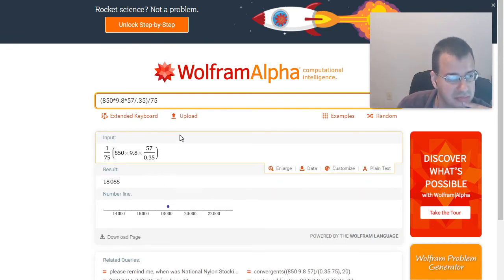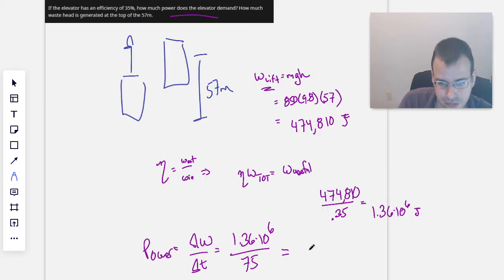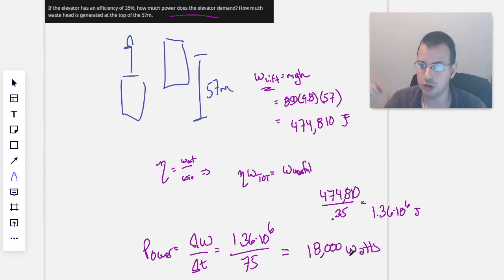Oh, that seems like a lot. 18,000 watts? Maybe. 18,000, more or less, watts, which is a unit of power, joules per second. So that's how much power the elevator demands, and that's given the inefficiency, or the efficiency of 35%.